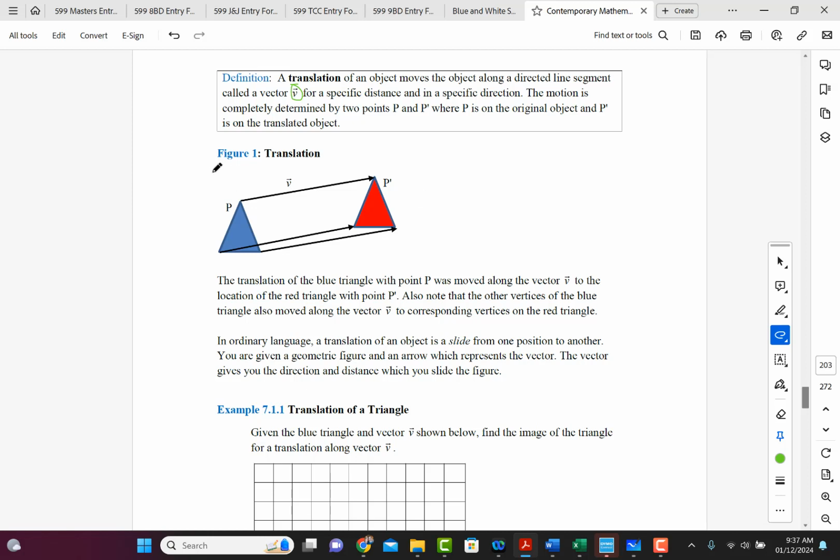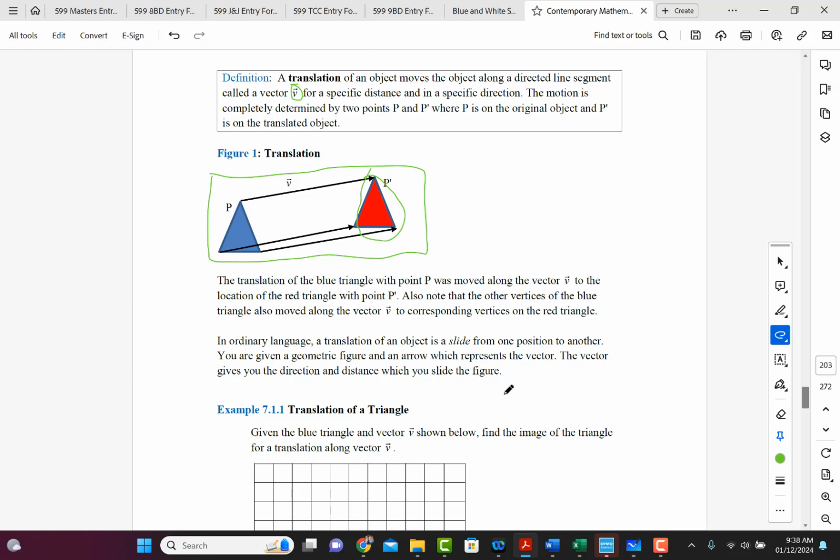So here's an example of how we would show a translation of a triangle. The original triangle is in blue, and then the ending location for the triangle is in red. So there's the P and P prime.